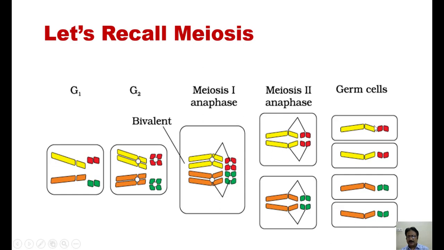This knowledge is required to understand the similarity between the movement of the chromosomes and the movement of the genes. At that time, it was not known that the genes are located on these chromosomes. That was confirmed by T.H. Morgan, which we'll study later.